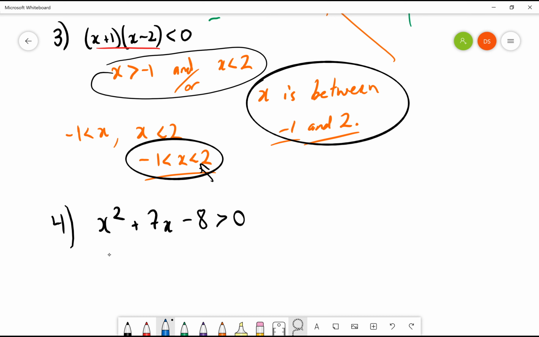Yes, we factorize. So this one is x plus 8 times x minus 1. Yeah, because 8 and -1 multiply to -8 and they add to 7.